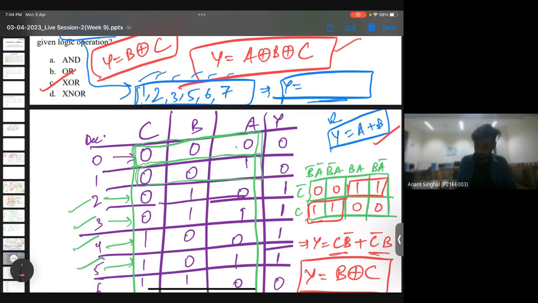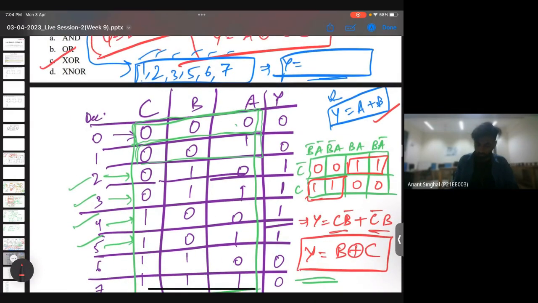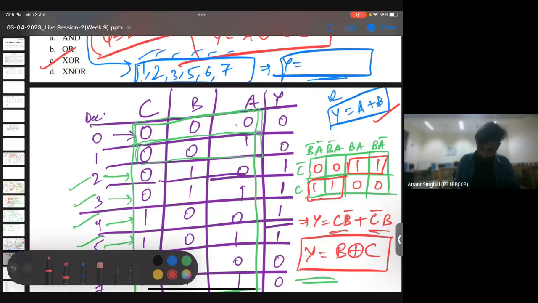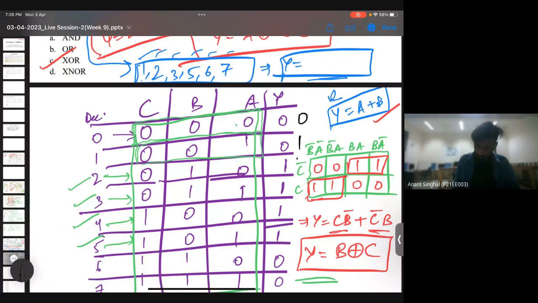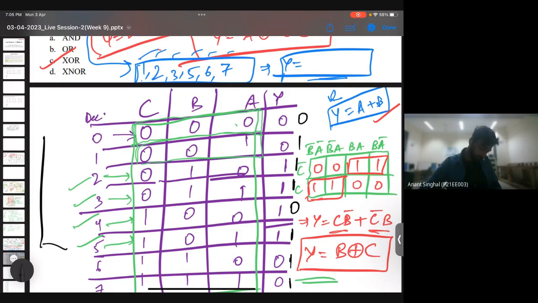It will come something like this only. So what I have done is taken 1 for 1, 2, 3, 5, 6, 7, writing it for the corresponding bits and filling it in the K map. Maybe I can make it here. So it will be 0, 1, 1, 1, and then 0, 1, 1, 1.